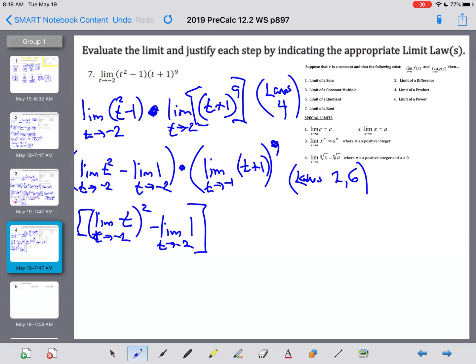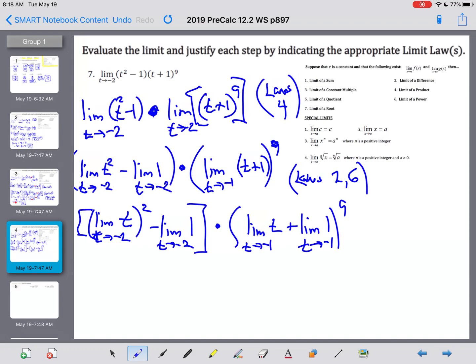Okay, and then times, I'm going to go ahead and split up this t plus 1 here. So again, I'm going to get the limit as t approaches negative 1 of t plus the limit of 1 as t approaches negative 1, all raised to the 9th.